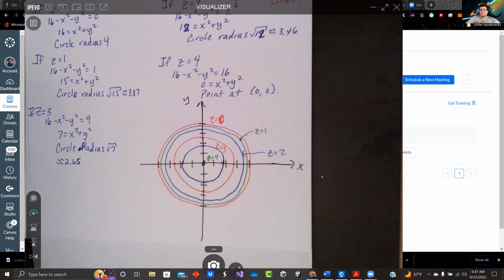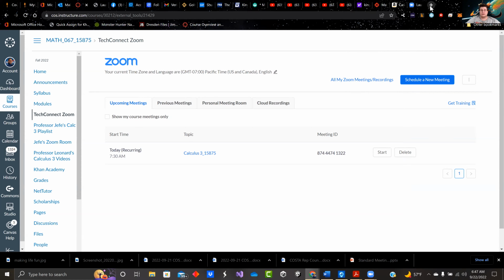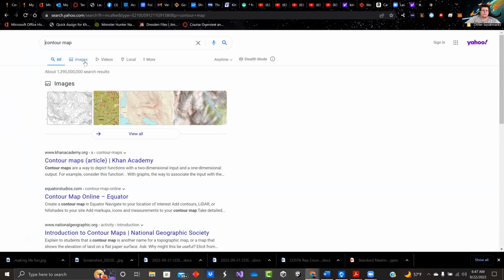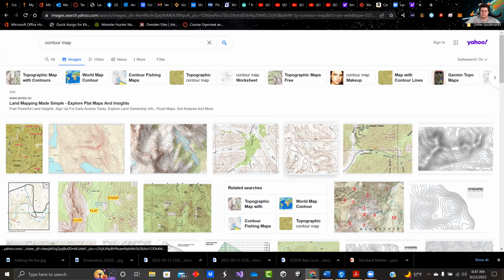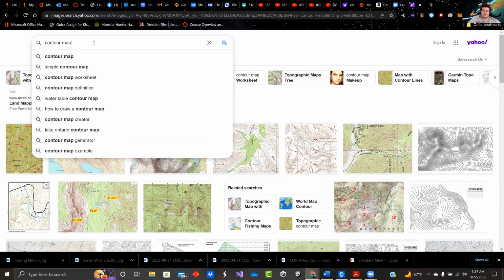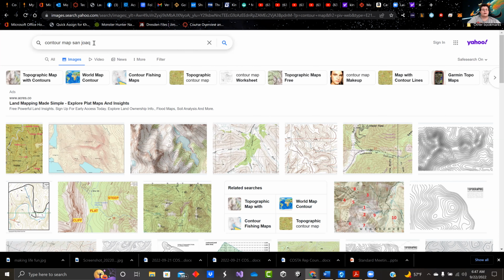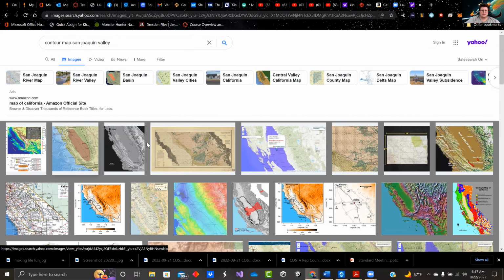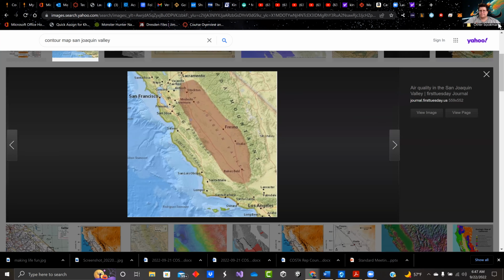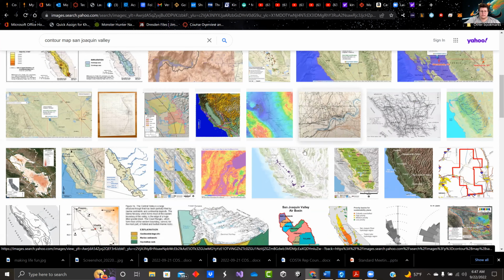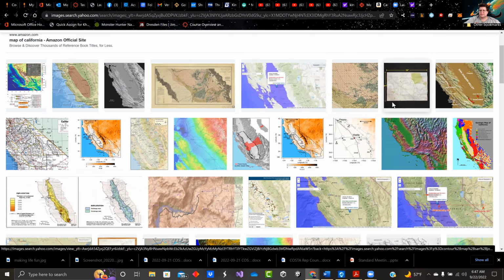So we could look at some contour maps. Sometimes I like to use color to show heights, as we can see here.